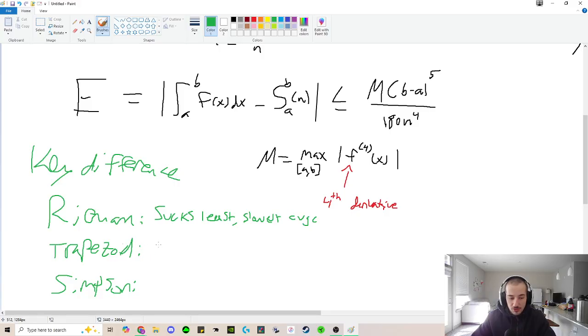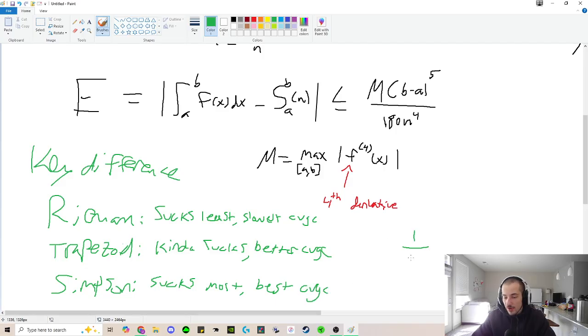What about trapezoid rule? Kinda sucks, and better convergence. Simpson's rule sucks the most, and it is the best convergence.